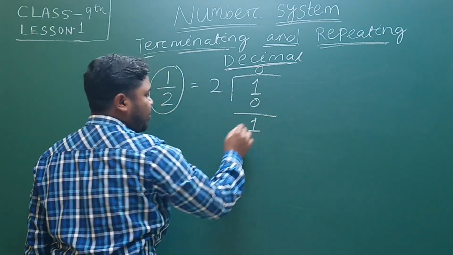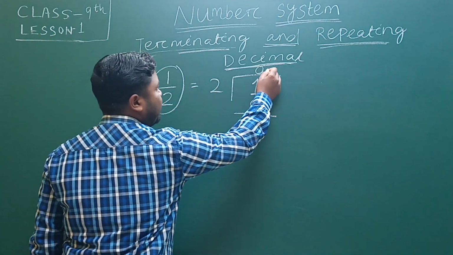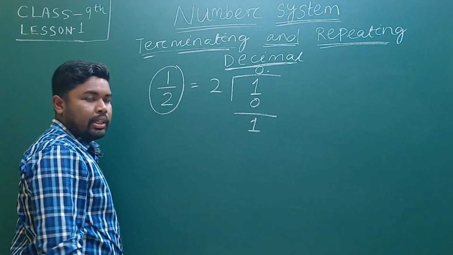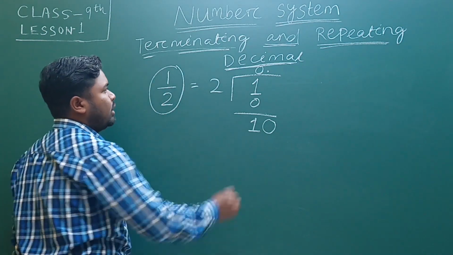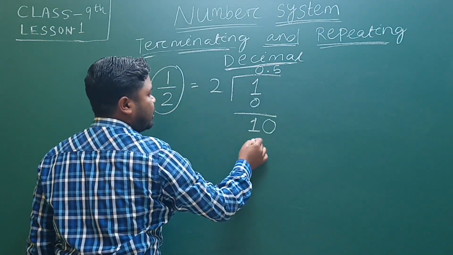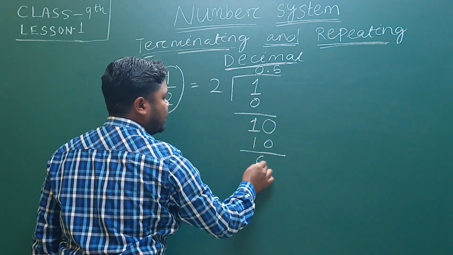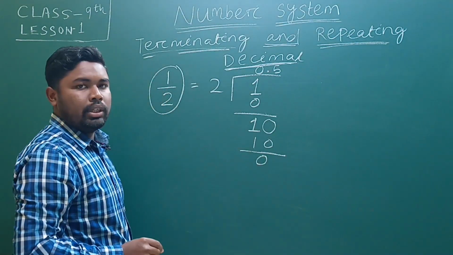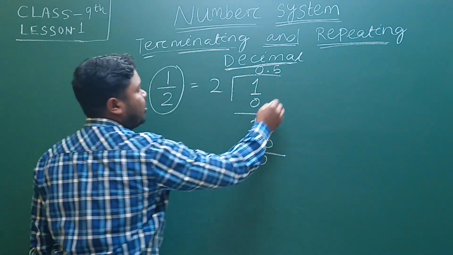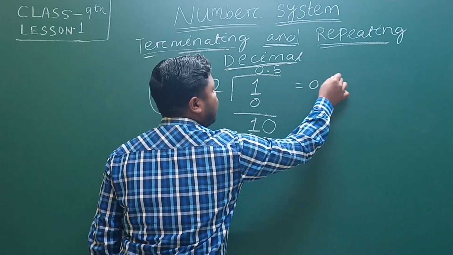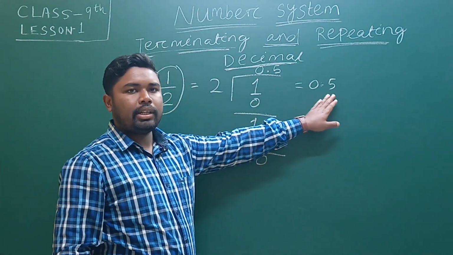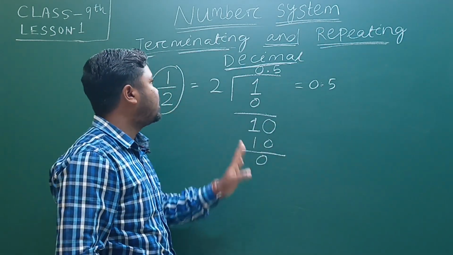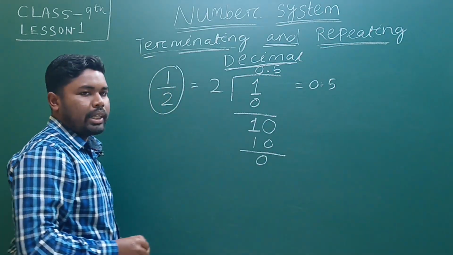We get 1, then we put a point here, then put 0. 2 5s are 10. So 1 by 2 we can write in decimal form as 0.5. Here after the decimal point there are a finite number of digits, so it is called a terminating decimal.